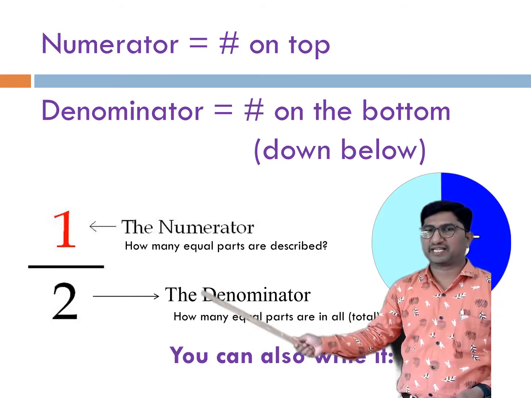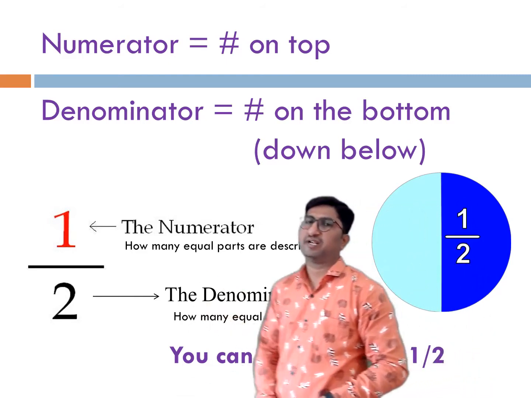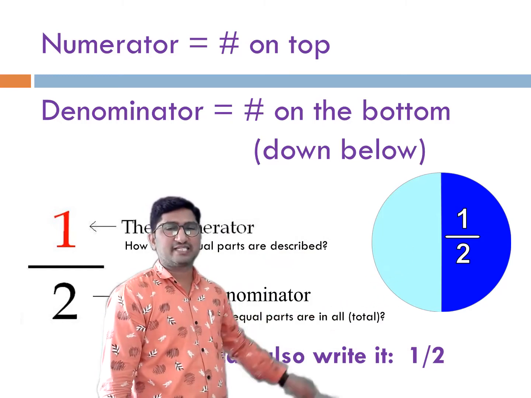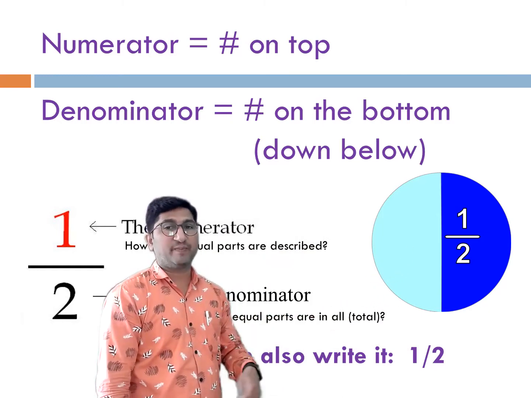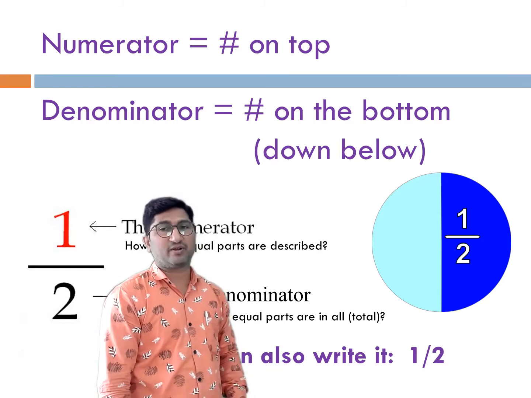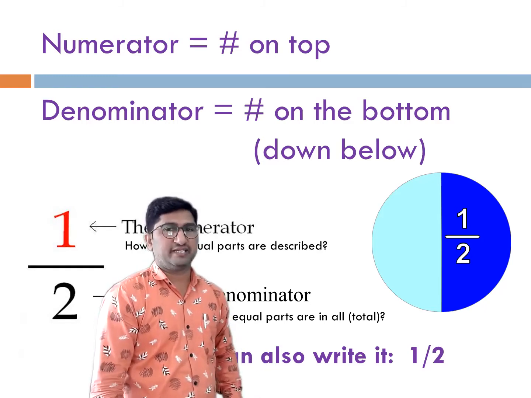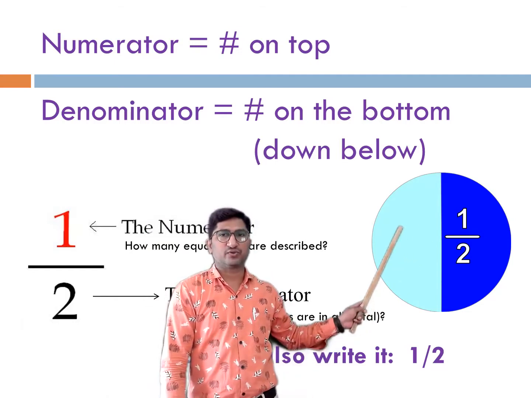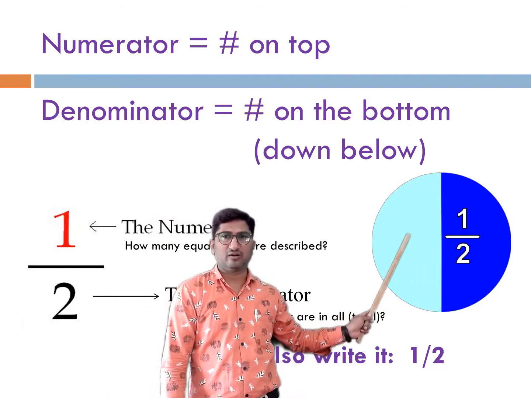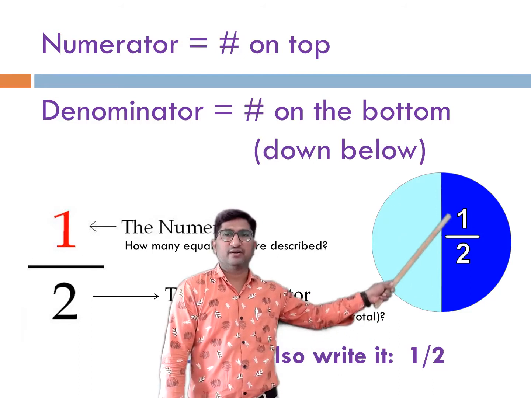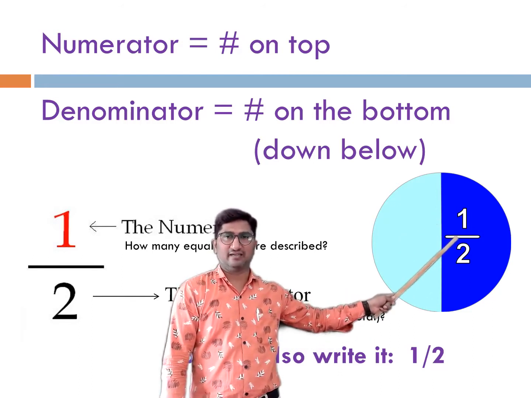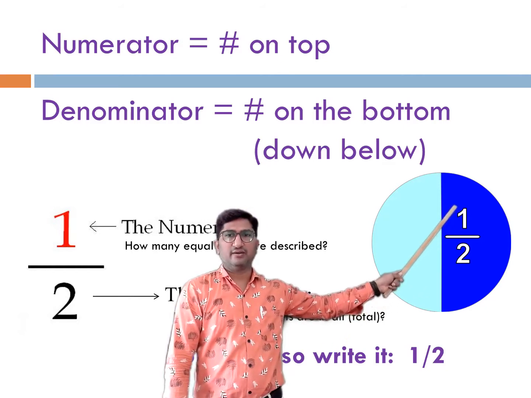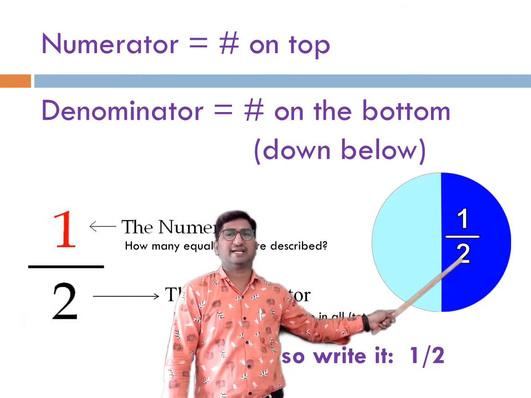This definition is quite new, but if you go to the figure, you can easily understand. Here, this circle is divided into two equal parts. Equal parts, many times I am telling because it should be equal parts. If it is not equal parts, then the fraction is not correct. So two equal parts we have here of one circle, out of which one part is colored in blue. So one part out of two equal parts is colored.